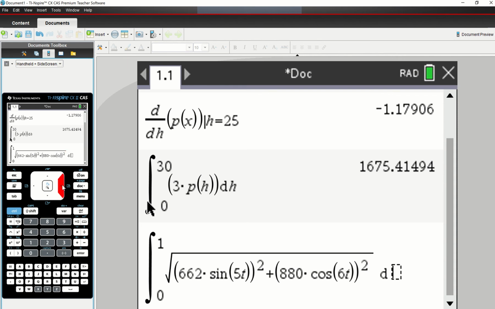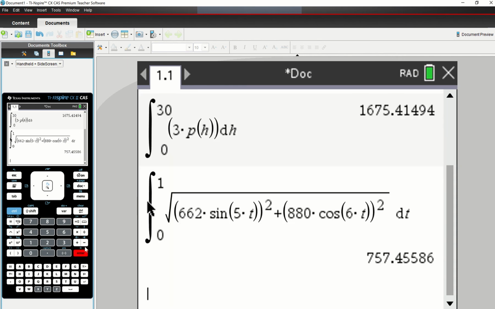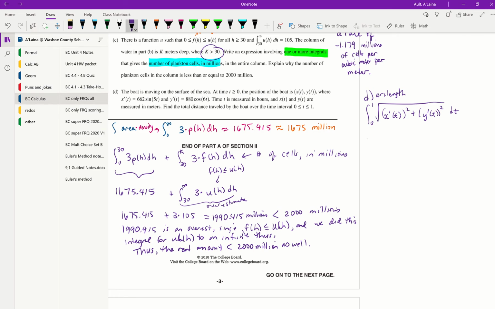And then this is all with respect to t. So I get 757.456. Now, what are we measuring? This is a word problem, so I should think about units. This is the distance traveled by the boat, and they told us that was in meters.